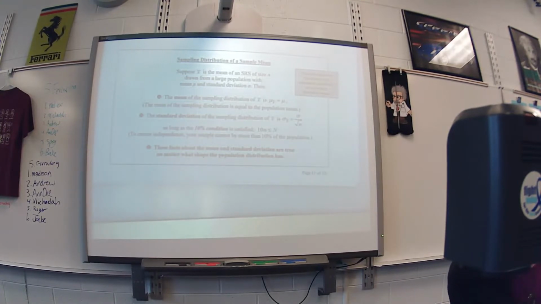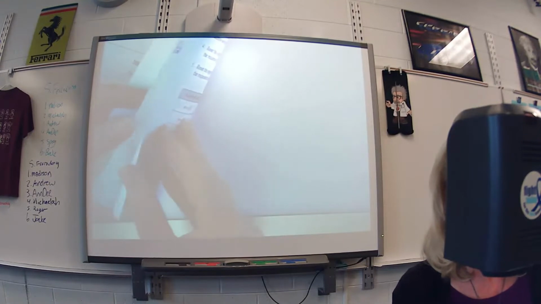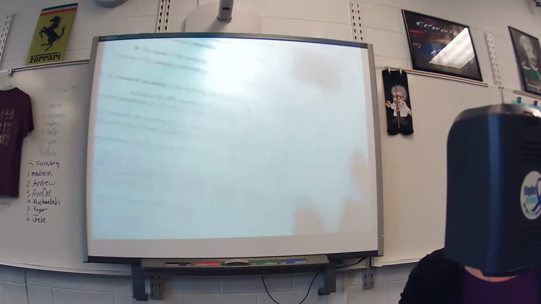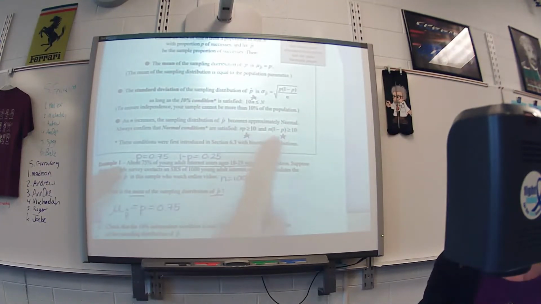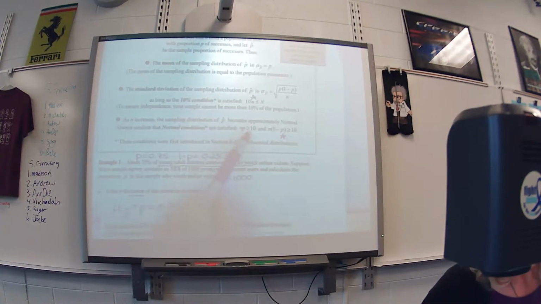Okay? Now, what I want to point out that's not here is the normal condition. And if I flip back to what we did last week, remember these formulas that I said you need to memorize because they're not on the formula page? See, the kicker is, you see what letter that has there? P stands for not probability here, not parameter here.